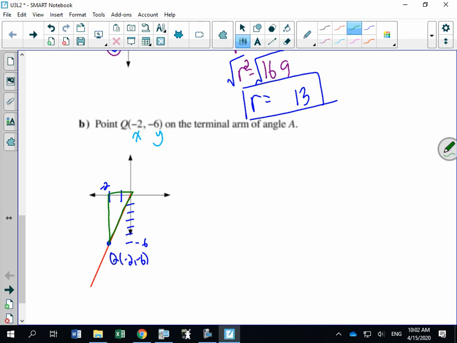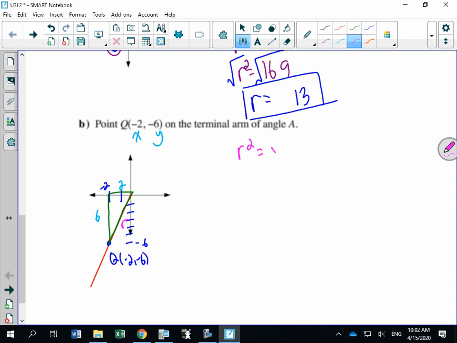If I said label the sides of your triangle, what's this distance here? You couldn't say that distance is -2. That distance is 2 units, so I'm going to put a 2 here. And this distance, my y, it's not -6, it's 6.